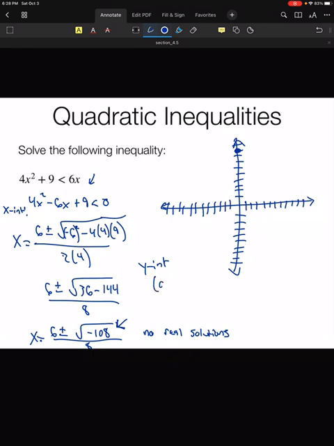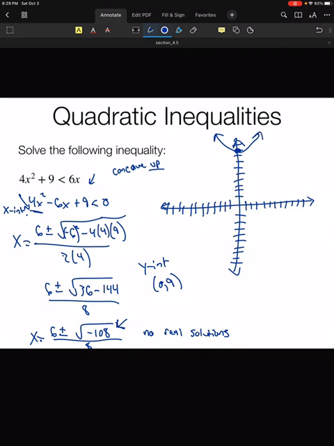Let's write down things that we know. Y-intercept was 0, 9, and actually, this gives us enough information because if you look here, the coefficient in front of the largest term is positive, and so that is concave up. And so I have a function here that starts at 0, 9 and goes up.